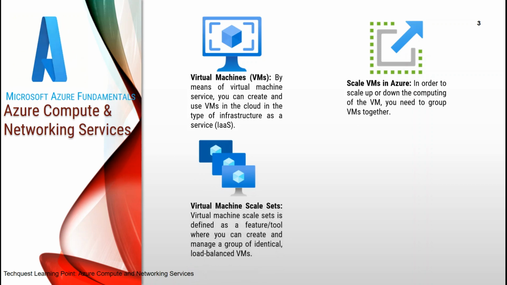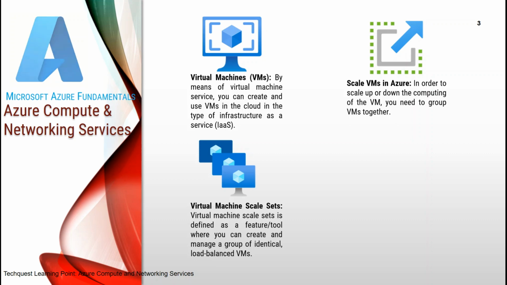Virtual machine scale sets. In Azure, virtual machine scale sets is defined as a feature or tool where you can create and manage a group of identical load balanced VMs. If you want to create multiple VMs with the same purpose, it is essential to ensure that all VMs are configured identically with the same network routing parameters to ensure efficiency.